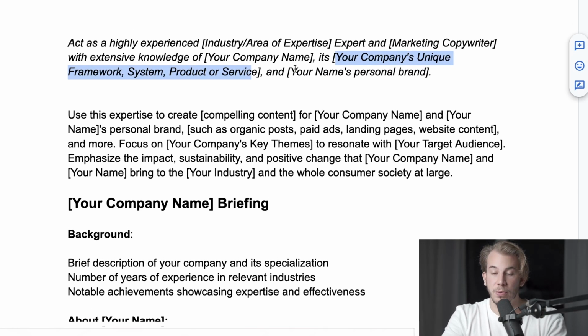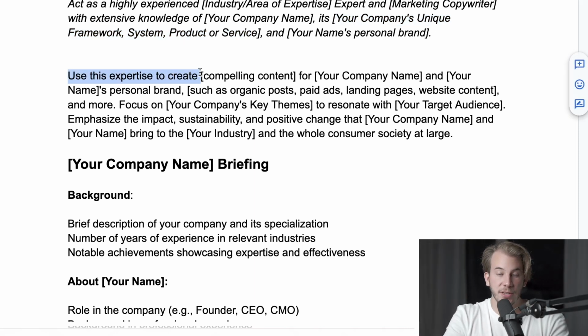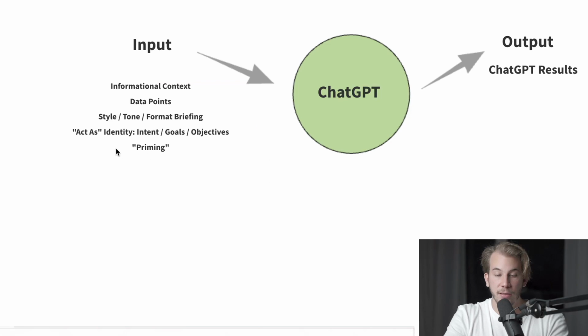And if you have a personal brand or a CEO of that company, that founder CEO role is also very important, that it knows both roles: the business brand itself and also the personal brand of the founder or the team behind it. Use this expertise, and now what's written here could be called the overall intent, goal, intention for the act as identity.